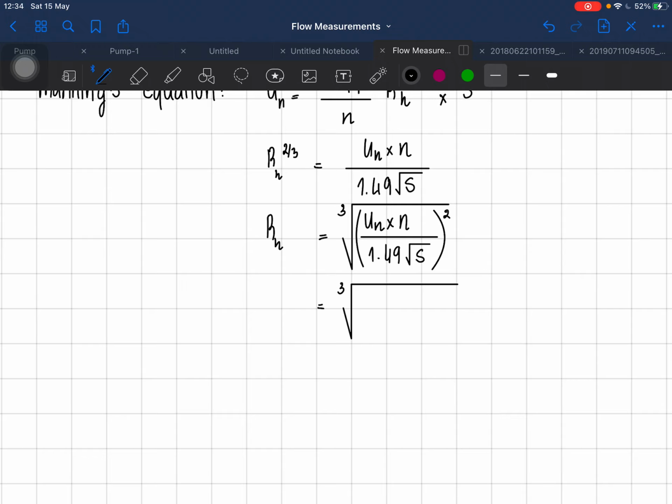V, which is the velocity, 4 feet per second, times 0.025, over 1.49 times the square root of 0.0016.